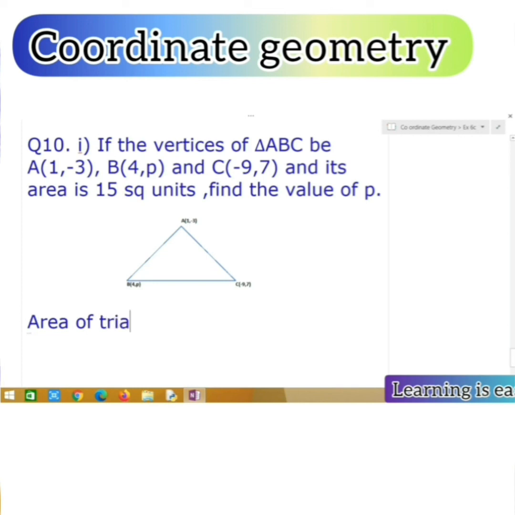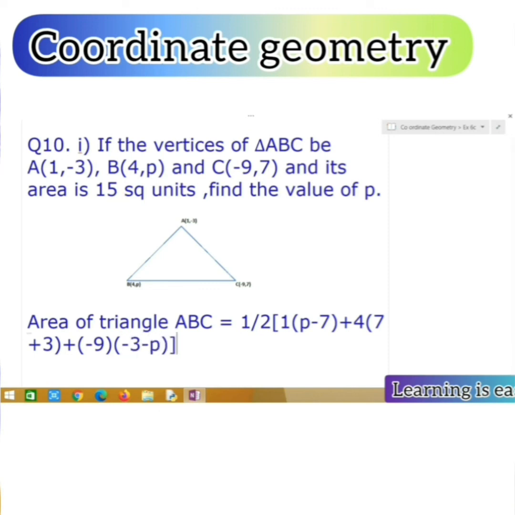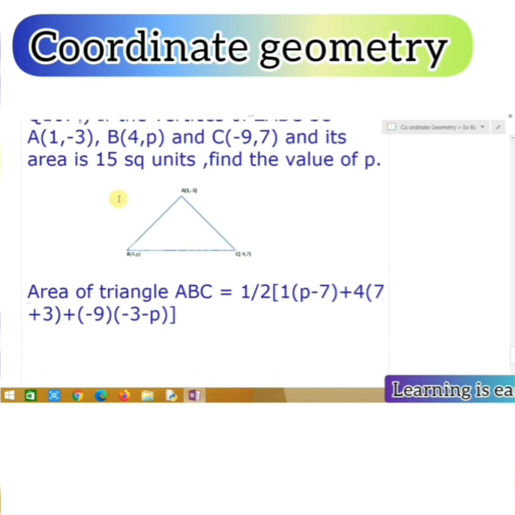So area of triangle ABC, where one of the coordinates is missing for vertex B. So that's going to be half into 1 into (P minus 7) plus 4 into (7 plus 3) plus minus 9 into (minus 3 minus P). The area of the triangle is already given in the question, which is 15 square units.